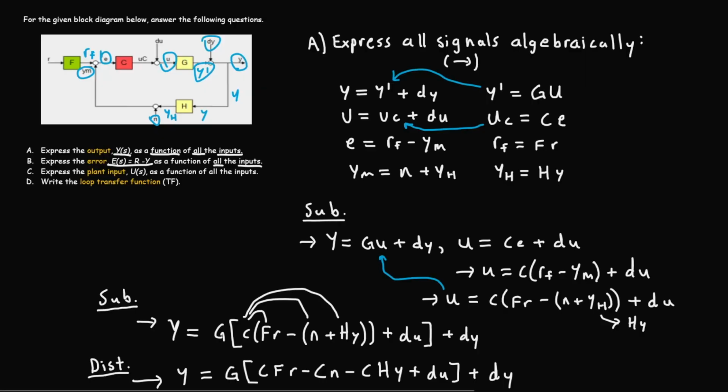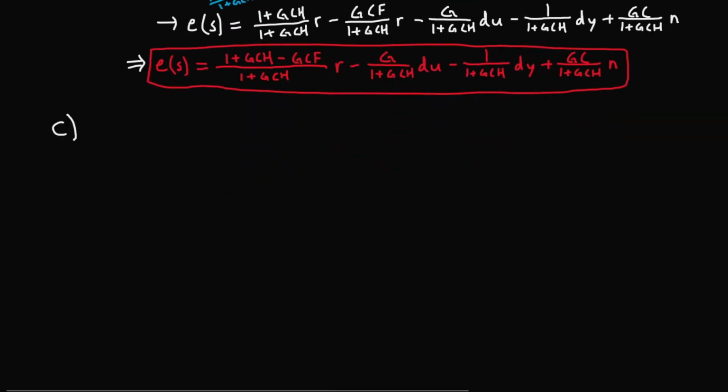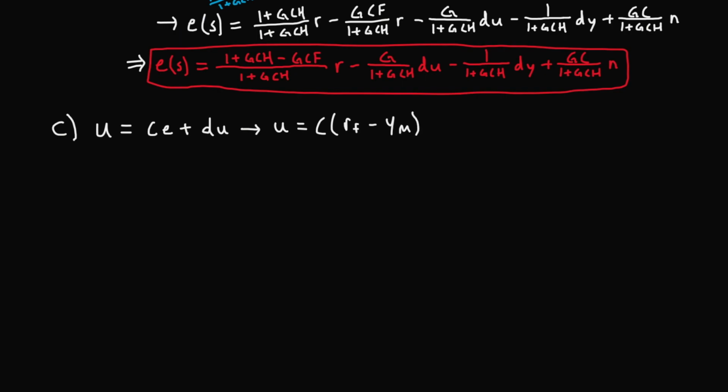Now for part C, we want the plant input u of s expressed as a function of all the inputs. And so here we know that we have an expression for u, which is u equals uc plus du, and uc is equal to ce. So in this case, we can write u equals ce plus du, which can then be rewritten as u equals C times rf minus ym, substituting in the expression of e, plus du.